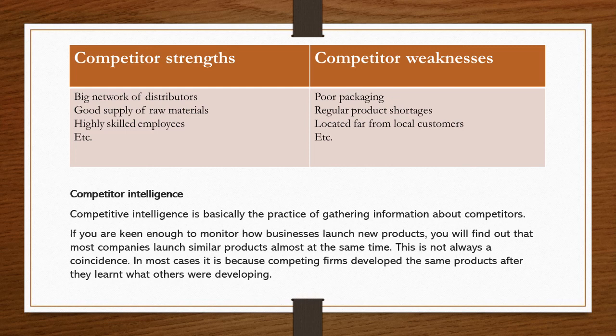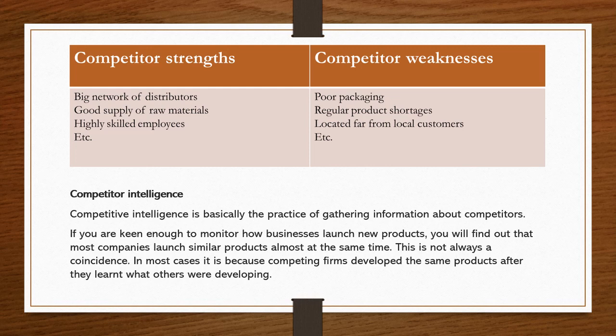So competitor intelligence is basically the practice of gathering information about competitors. Remember, for customer, we said it is customer survey, and now we are looking at the competitor survey, and under competitor survey we can talk about what you call competitor intelligence.